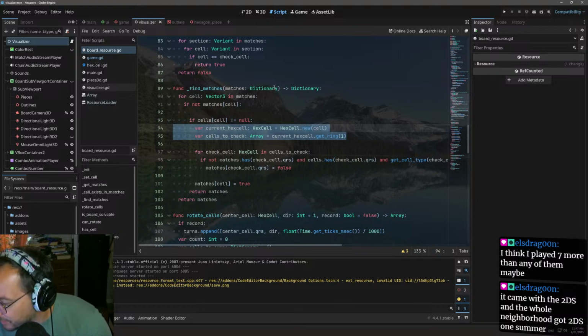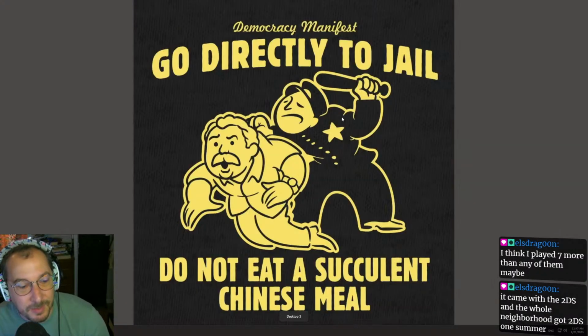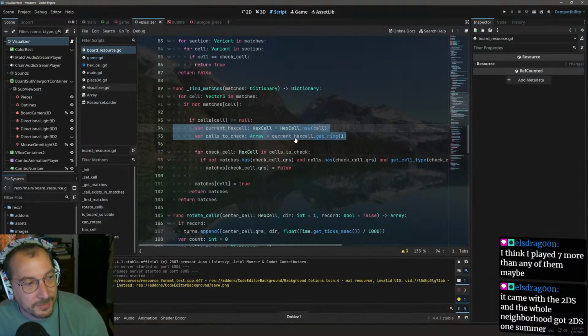It came with the 2DS, and the whole neighborhood got a 2DS one summer. Oh, that's awesome. Yeah, for the Wii release, I think it had to be Mario Kart DS, because I swear I remember playing it while waiting to purchase the Wii on launch day, November 12th or something. There were 44 tickets at the Target. I was number like 12. My friend promised he'd stick with me through the whole night and get one too, and he ditched me within an hour.